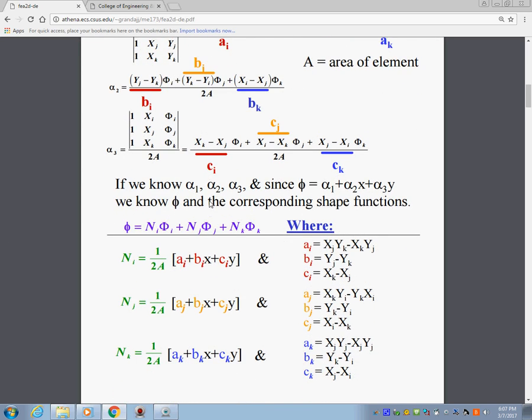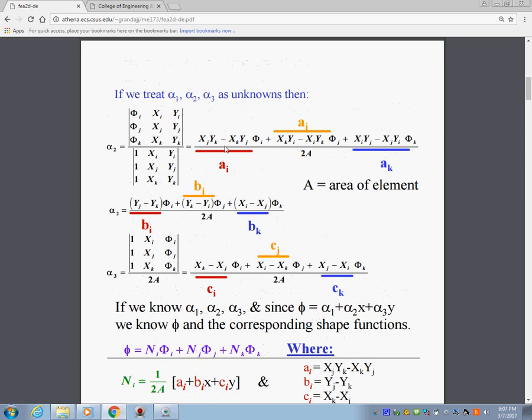So if we know these coefficients, alpha 1, alpha 2, and alpha 3, since we know the form of the solution, which is a plane, we know the corresponding shape functions because the solution now is going to become like it is in here. See this factor right here, times phi sub i, this factor times phi sub j, and this factor times phi sub k.